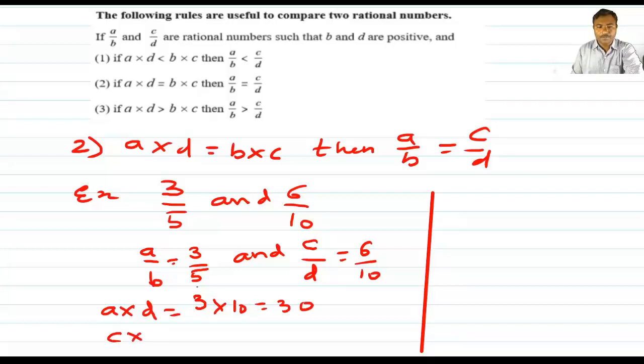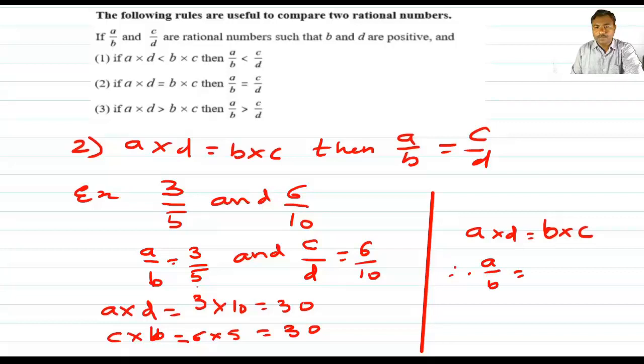C multiplied by B is equal to 6 multiplied by 5, 30. Therefore, A multiplied by D is equal to B multiplied by C. Therefore, A upon B is equal to C upon D. Therefore, we can say 3 upon 5 is equal to 6 upon 10.